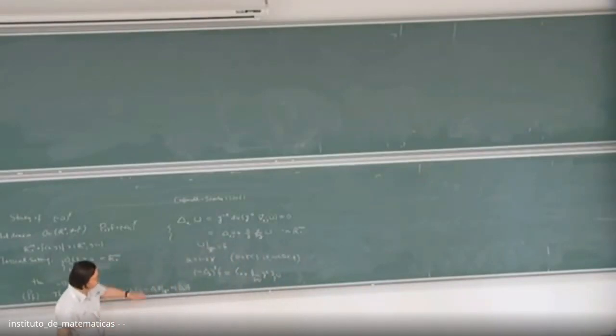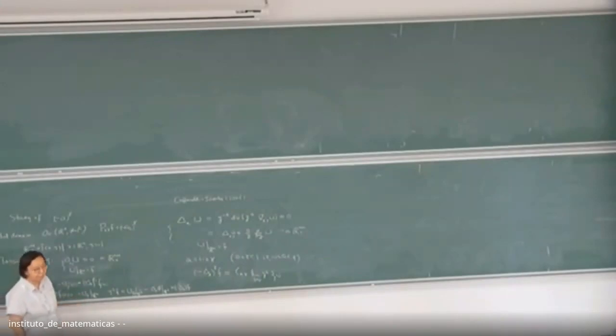So when a equals 0 and gamma equals 1/2, that reduces to the classical theorem. Okay, so that's this theorem.